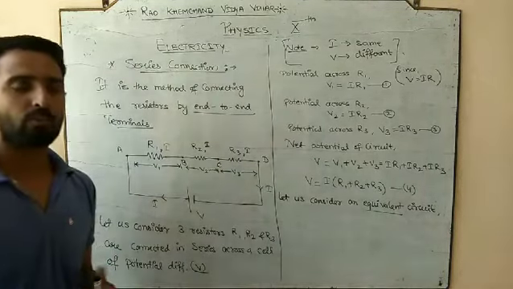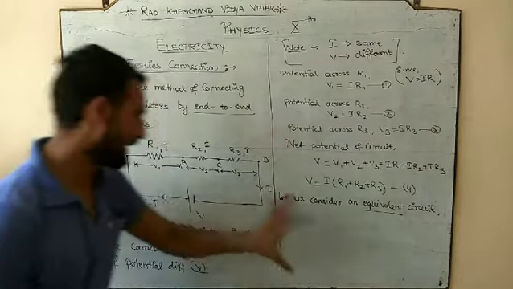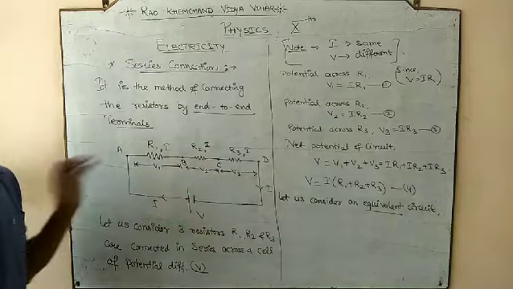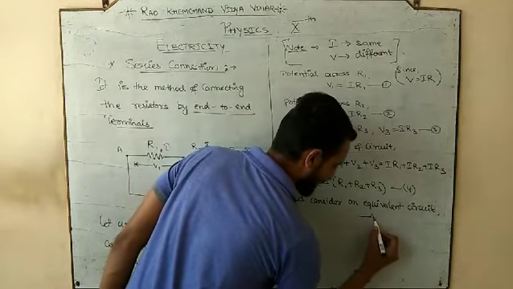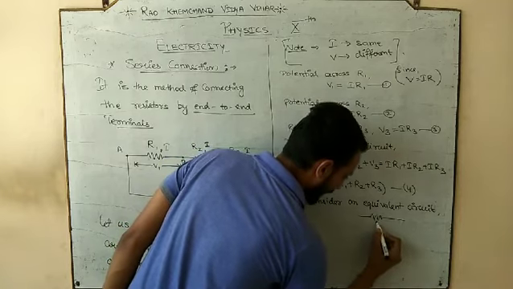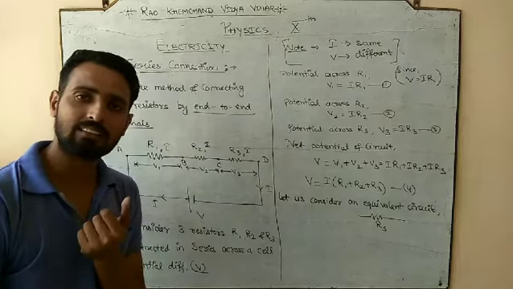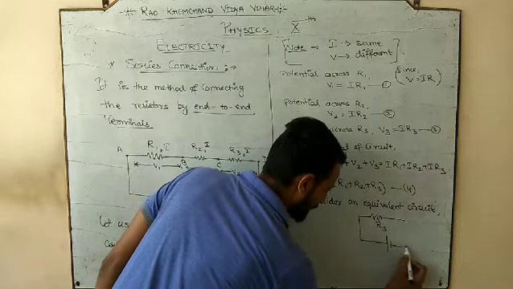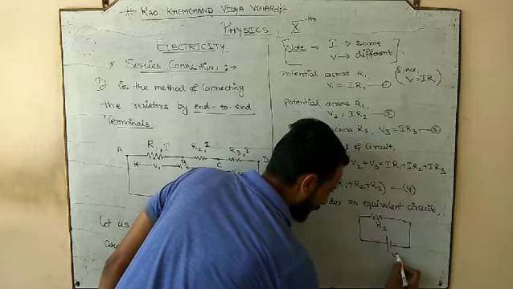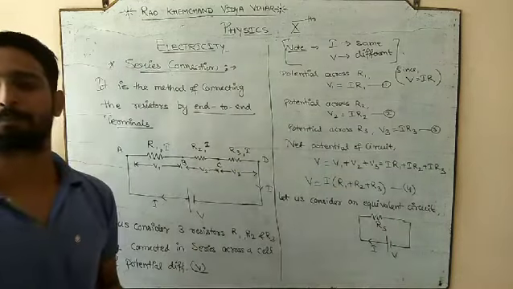Equivalent means we are going to consider a new circuit which would behave like the same thing, जो इसी की तरह behave करेगा. एक ऐसा circuit assume करते हैं whose resistance is RS, which is connected across the same cell of potential V and which will give us the same current I.